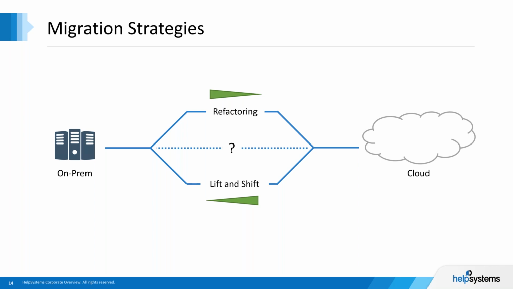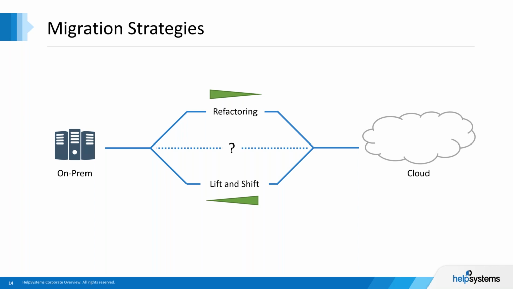There's actually a middle ground here that we will talk about as well, that will give you the simplicity of the lift and shift, but at the same time add a bit more optimization to the picture.